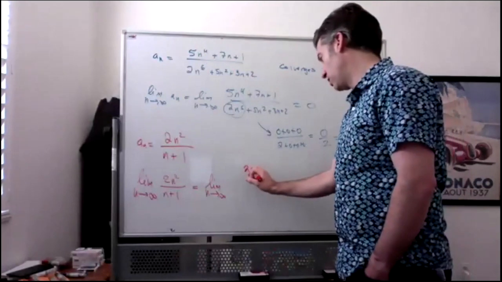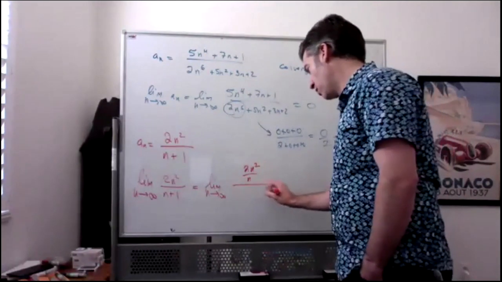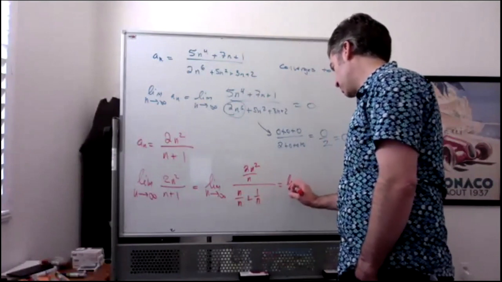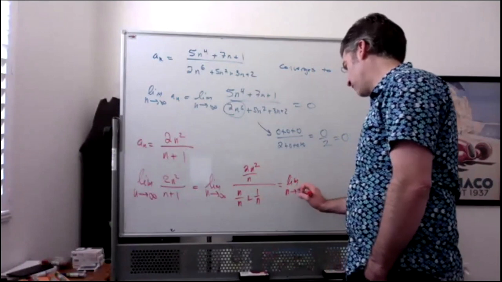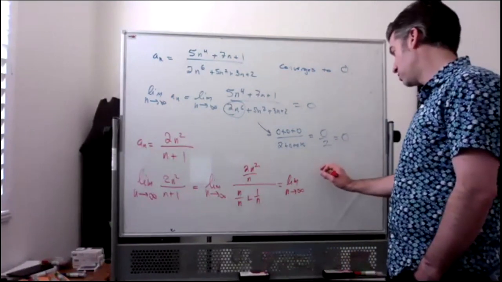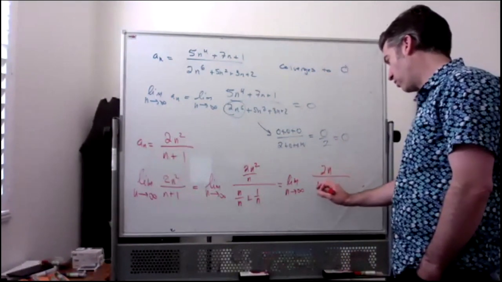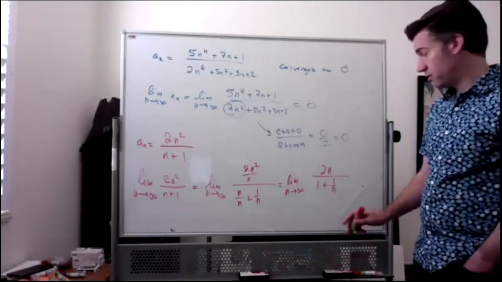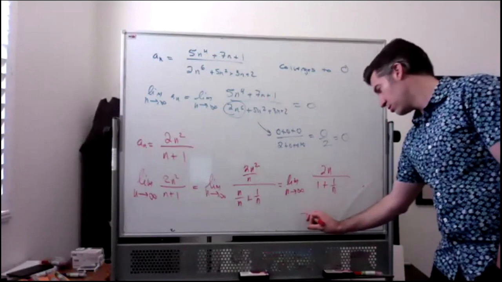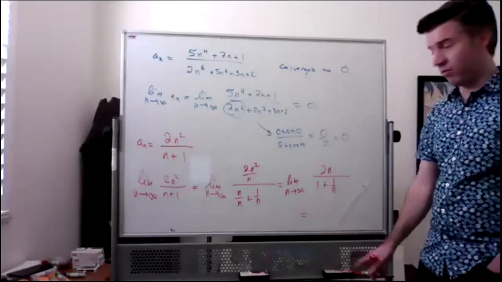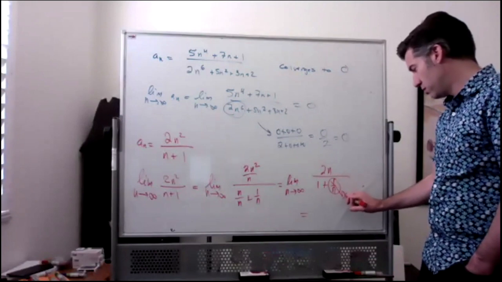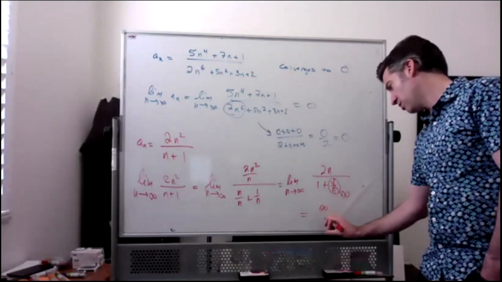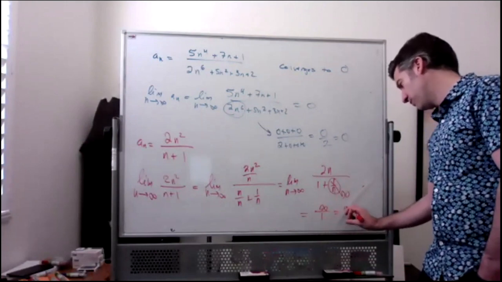So I'm going to get 2n squared over n over n plus 1 over n, which is the limit as n goes to infinity of 2n over 1 plus 1 over n. And now look what happens. The denominator goes to 1 plus 0, right? This goes to 0. But the numerator is still going to infinity. So I'm going to get infinity over 1, which is infinity.